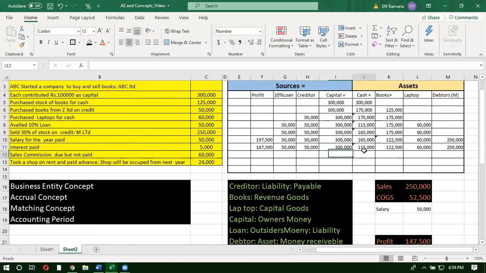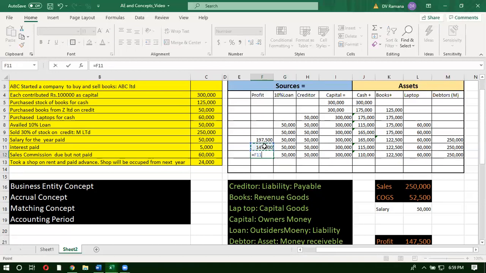So once again, the company's cash will reduce by 5,000. No change in the books, no effect of this transaction on the laptops, the debtors, the capital, the creditors, or the 10% loan, but the profit will reduce by 5,000.